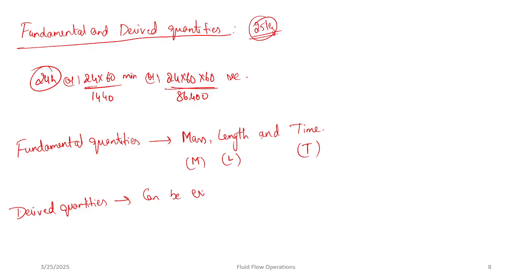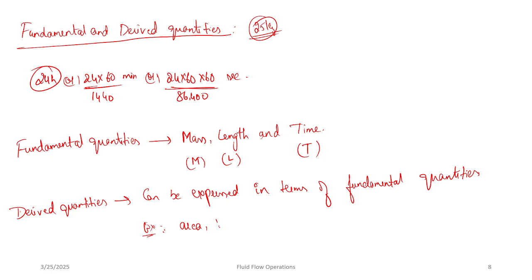Derived quantities can be expressed in terms of fundamental quantities. So examples, there are many quantities like area, volume, pressure, force, all of which are basically derived quantities.